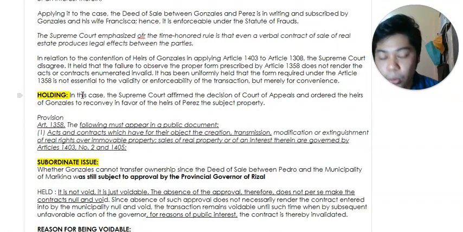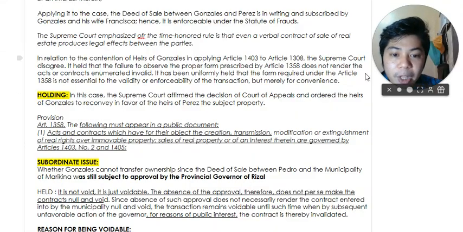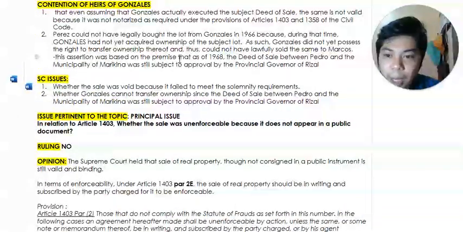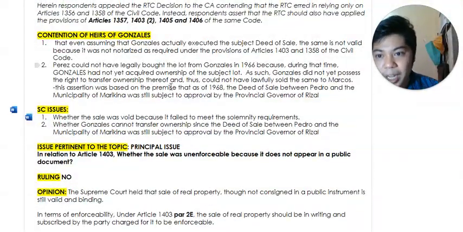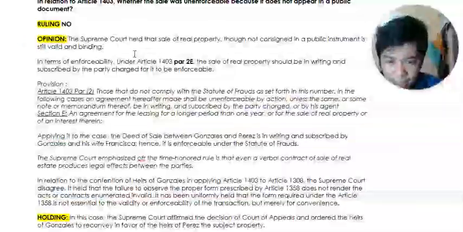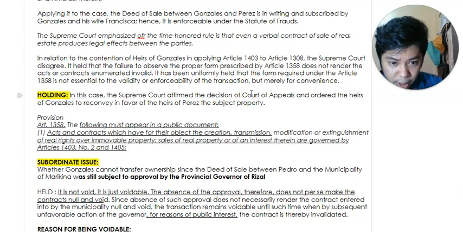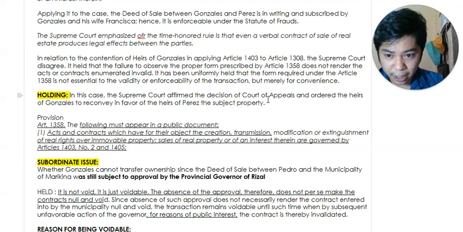So you need to reiterate, or go back to, what was the decision of the Supreme Court, because whichever decision it affirmed, whose side did it take, was it the RTC or the CA? In this case, the Supreme Court affirmed the decision of the Court of Appeals.